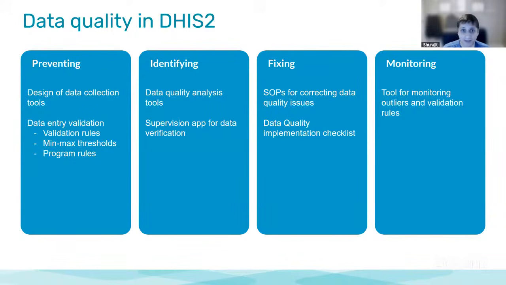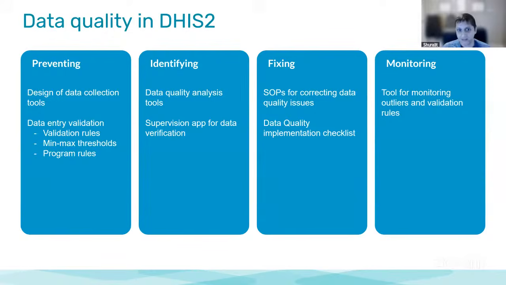So this is basically during the data entry process. So we have things like validation rules, minimum and maximum thresholds for aggregate data. And for tracker, while we won't be focusing on it too much today, we do have program rules that can serve a very similar function as validation rules do for aggregate data, but this time for your case-based data, whatever it might be.